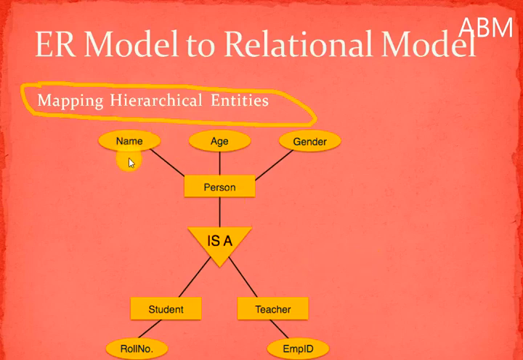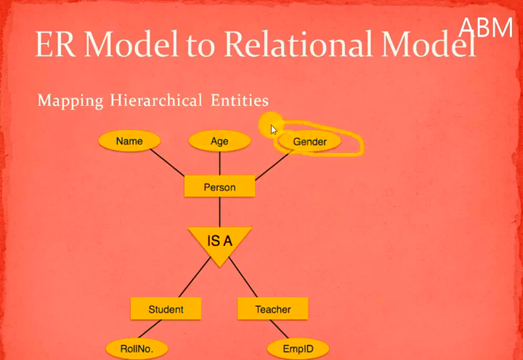The person has its attributes: name, age, and gender. These are the attributes of the person.